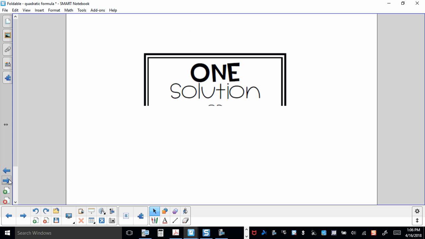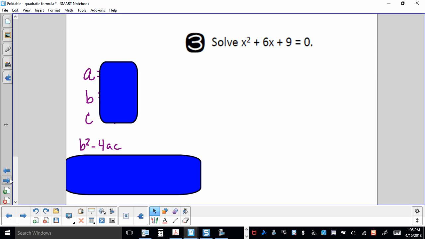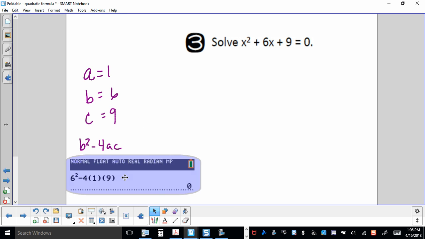So now let's solve a quadratic equation with one solution using the quadratic formula. So again, we begin by identifying A, B, C and calculating the discriminant. So A is 1, B is 6, and C is 9, and our discriminant is 0.